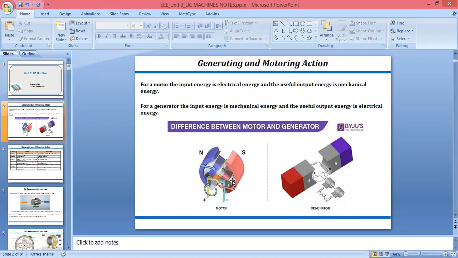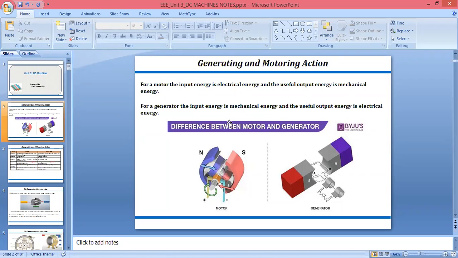So firstly, see here, this is the construction for the motor and this is the construction for the generator. Theoretically, a DC motor and a DC generator have the same general construction, because the construction is exactly the same, but what is the difference? Motor will convert electrical into mechanical energy and generator is converting mechanical energy into electrical.